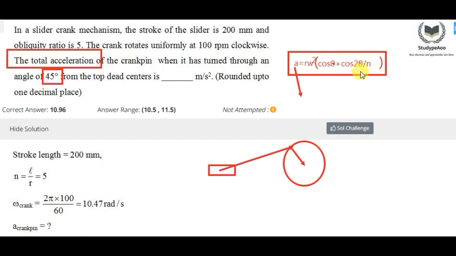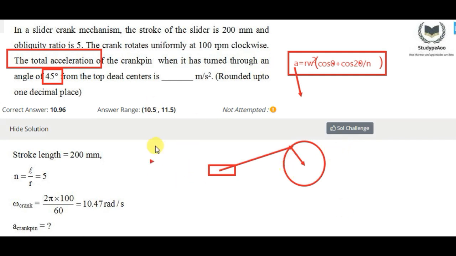So we can't use this formula in this question because here acceleration of crank pin has been asked. So where is the crank pin in slider crank mechanism? This is the crank pin in slider crank mechanism. So acceleration of this we have to find out. So what is the acceleration of this crank pin? That is going to be A is equals to r omega square.